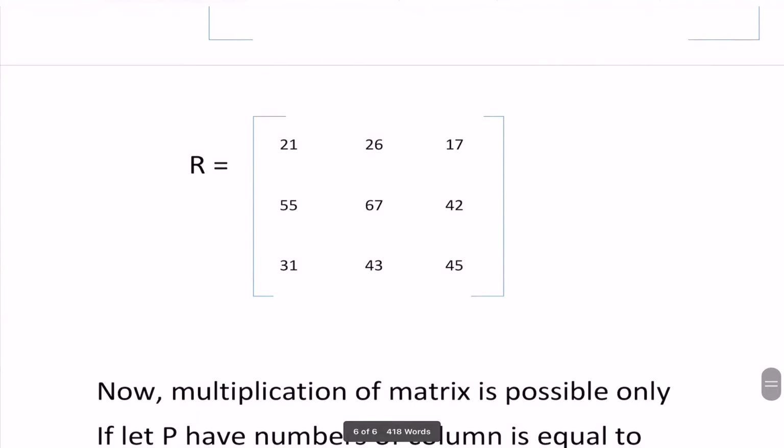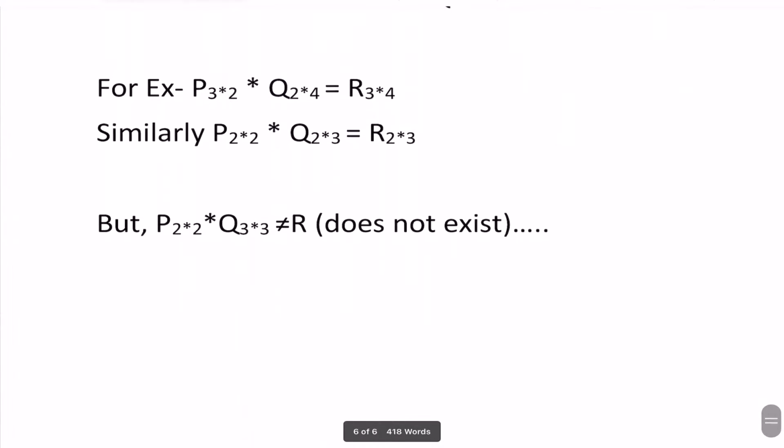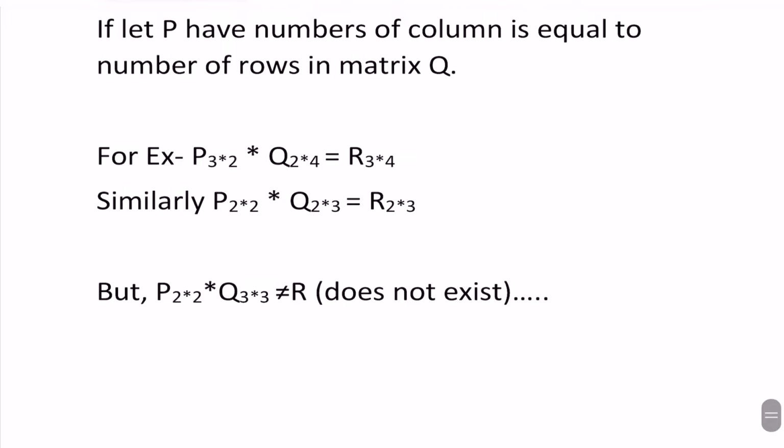But here we have taken some examples, like P of 3 by 2 and Q of 2 by 4. Here we can check that the number of columns of P is 2, and in Q the number of rows is 2. So it is possible. P has 3 rows and Q has 4 columns, so a 3 by 4 matrix R is going to be formed.